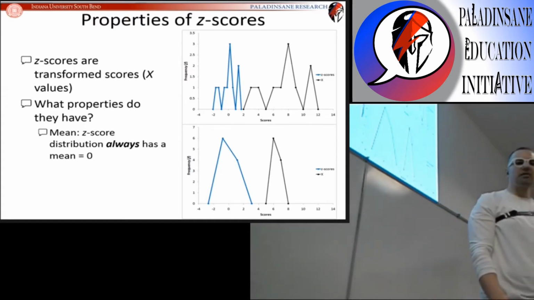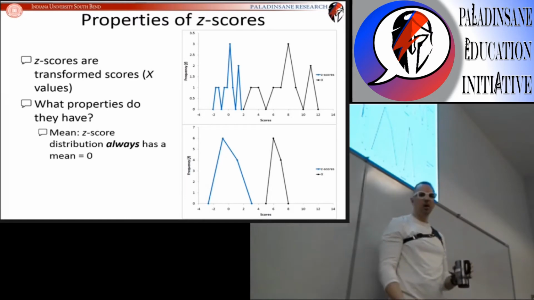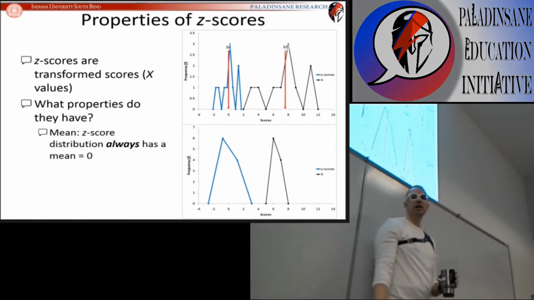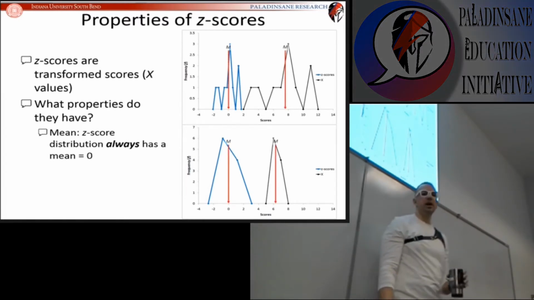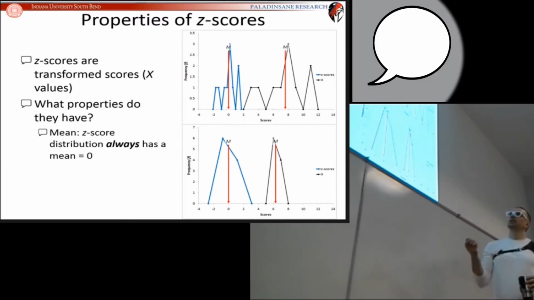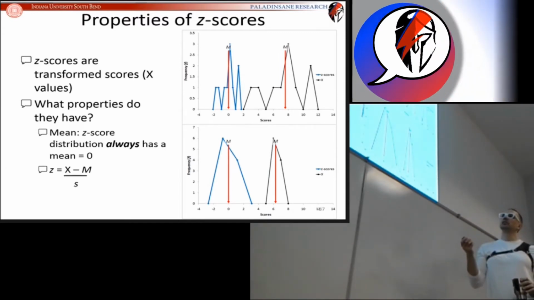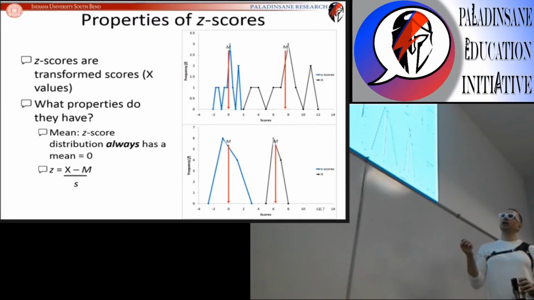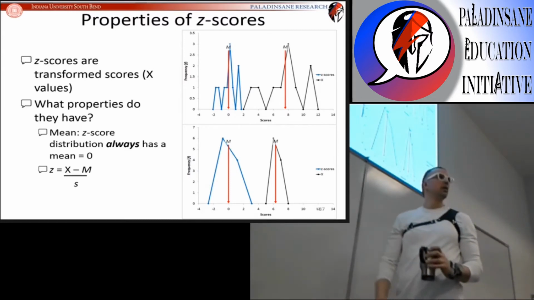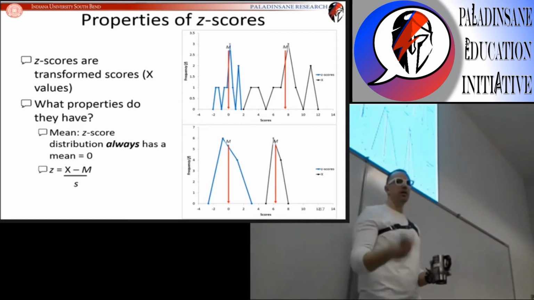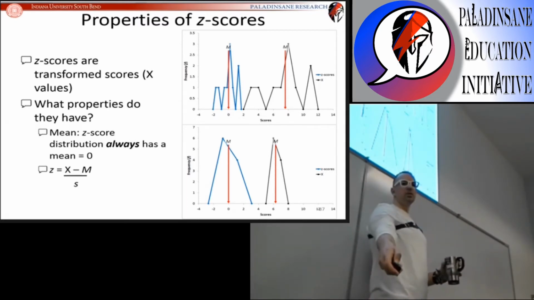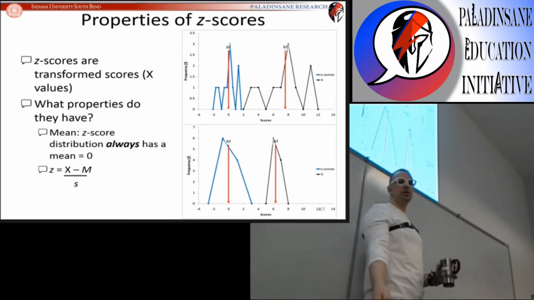That is because each z-score is sized according to the deviations, and remember that when you add up all the deviations, you always get 0. So because of this, when you add up all the z-scores, you will always get 0. And then 0 divided by whatever number is still going to be 0. So your z-score distribution always has a mean of 0.